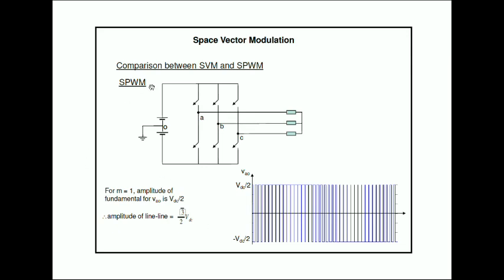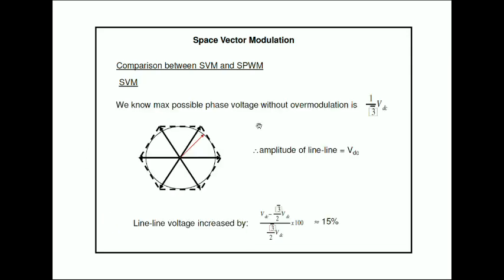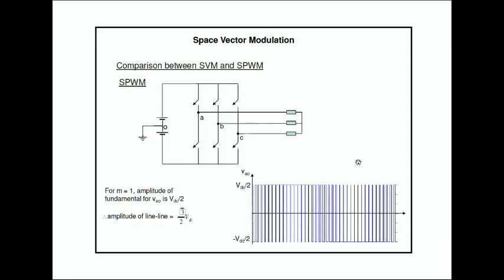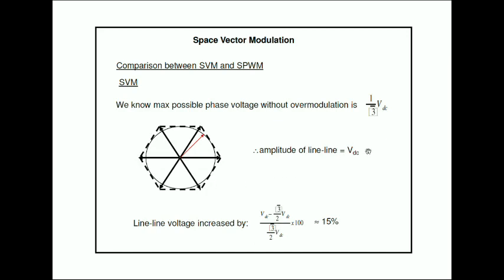This is for PWM. So if you are going for SVM, the maximum possible voltage without over modulation is 1 by root 3 VDC. So amplitude of line to line is VDC. Here you can see that amplitude of line to line is root 3 by 2 VDC, and here it is VDC itself.